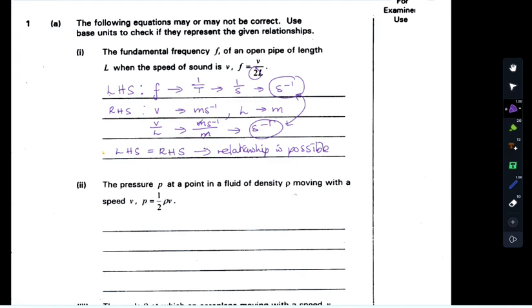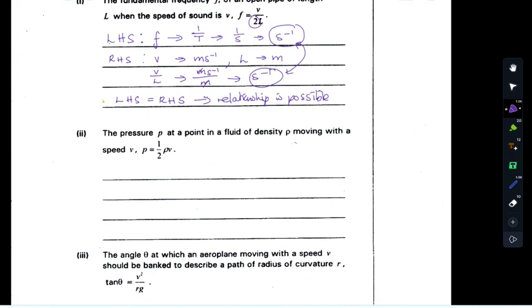In this case, since the question said we're using base units, let's stick to that. They say the equations may or may not be true, so the "may" part explains the idea that there might be some missing constants. But for this one, the SI unit on the left hand side is equal to the right hand side, so the relationship is very much possible.